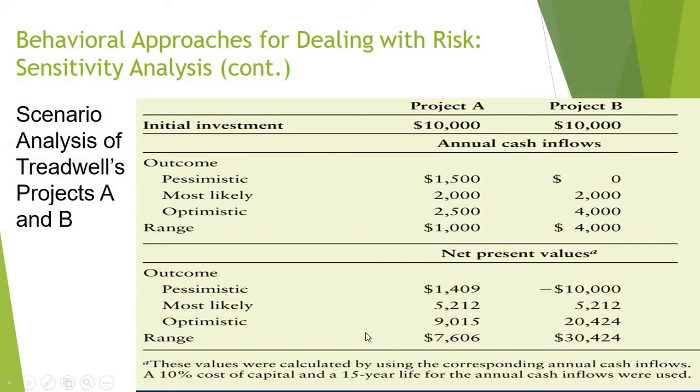And for the optimistic case, project A's NPV is $9,015, whereas it is much higher for project B, that is $20,424. Now, the range of NPV for project A is much lower than that of project B. So, based on the NPV, we can also say that project B is riskier than project A.